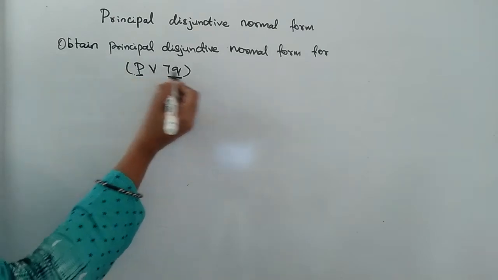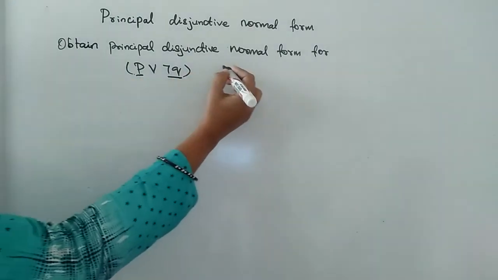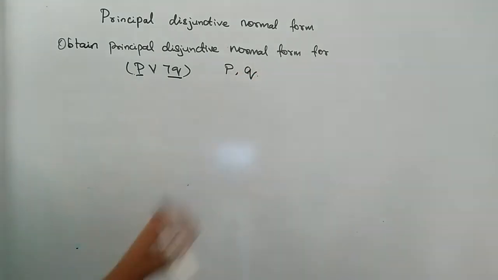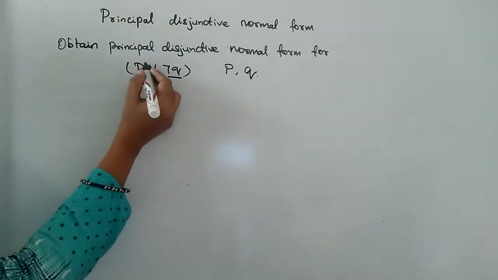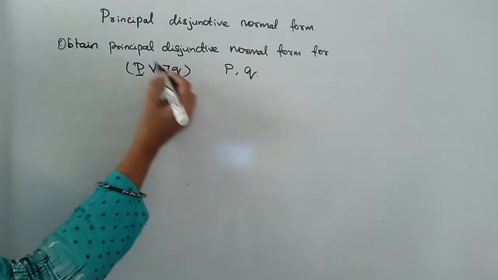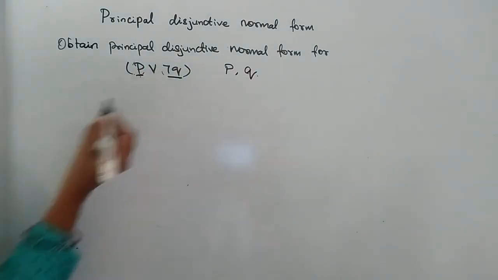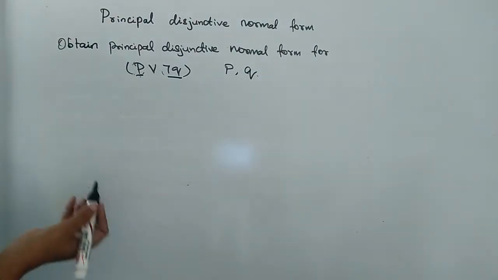First consider the variables here. Here we have the variables P and Q, right? Since I am considering this as one term and this as another term, first, here I have the variable P alone.